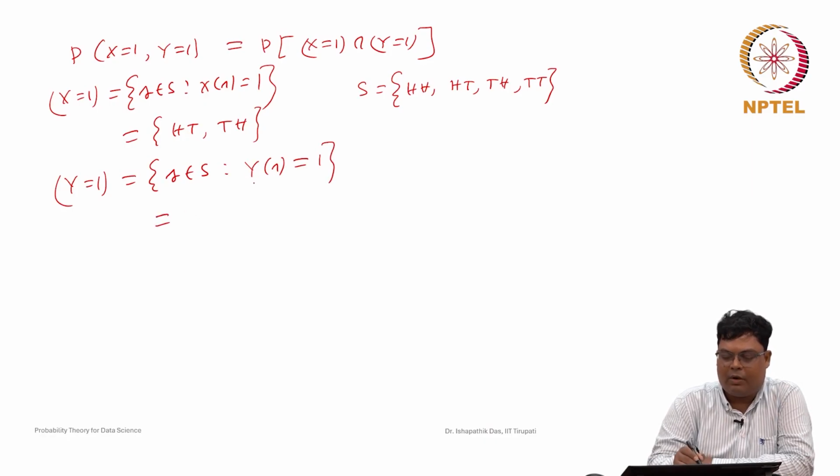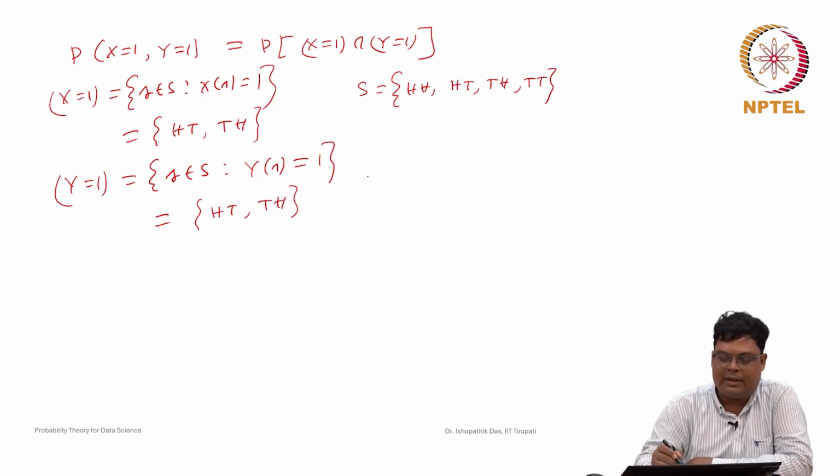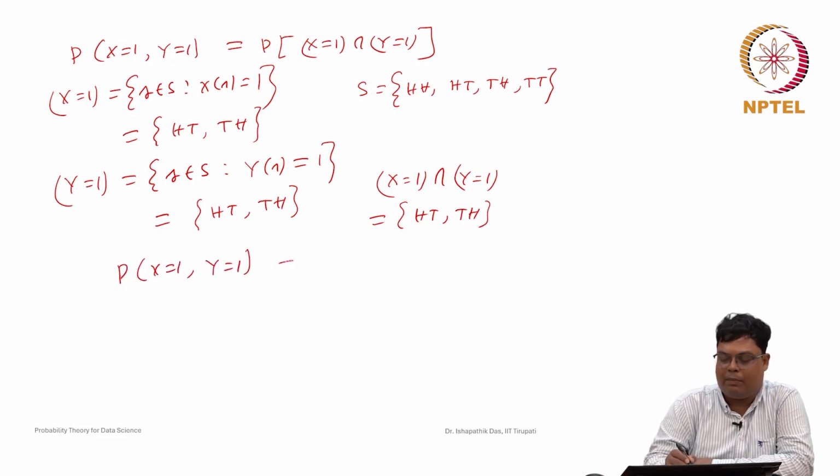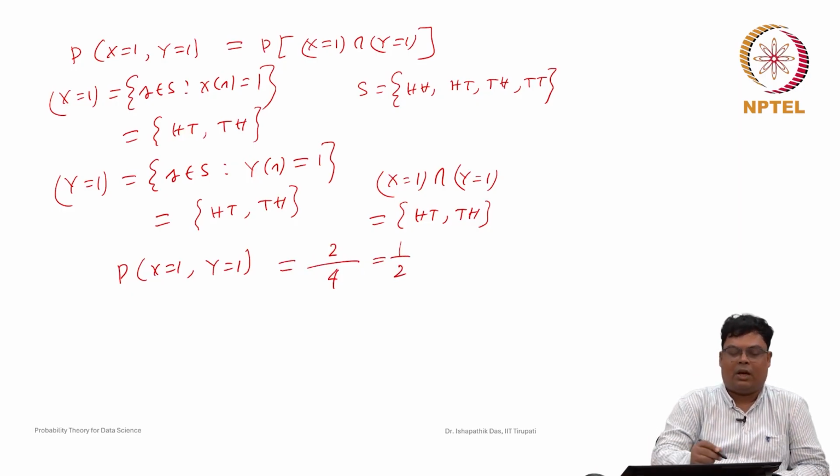In that case also, because the number of tails is 1, it is head tail and tail head. Actually, in all these examples it comes out the same, so the intersection is the same: head tail, tail head. Now, what will be the probability? Probability of X equal to 1, Y equal to 1 is 2 out of 4 equally likely points, so 2 by 4, which is 1 by 2.